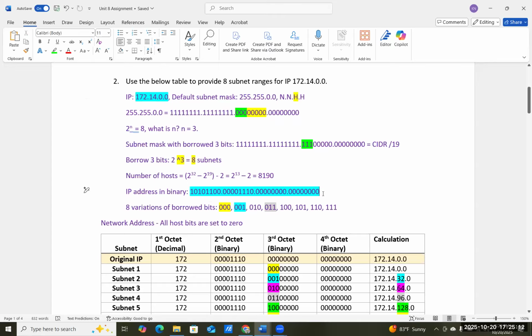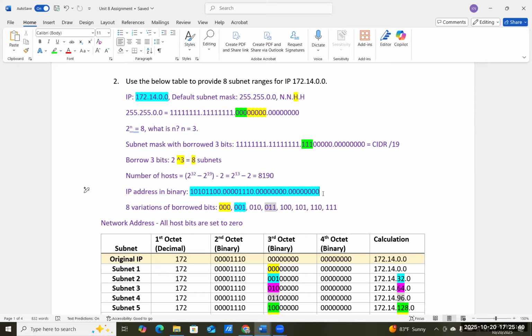So in combinatorics, in the 3 borrow bits, there are 8 variations, right? Math doesn't lie, because it would be 2 to the third power, that gives us 8. So there's 8 combinations in how we can use 3 bits. All 0, then 0, 0, 1, then 0, 1, 0.